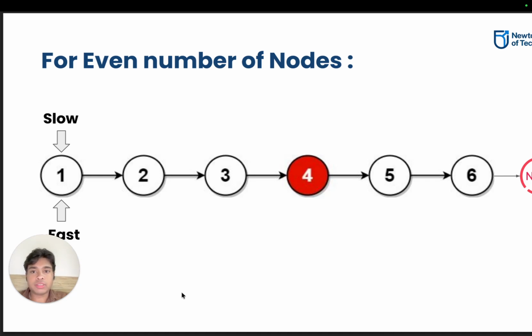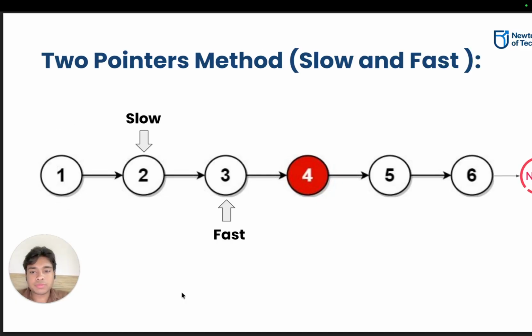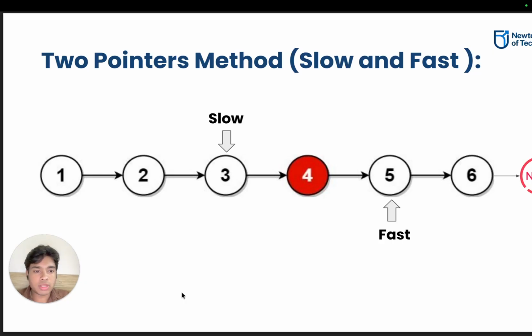Okay, so now let's see the even number of nodes. In this also we have fast and slow pointers. As you are going to see in the diagram, the same structure will be followed.